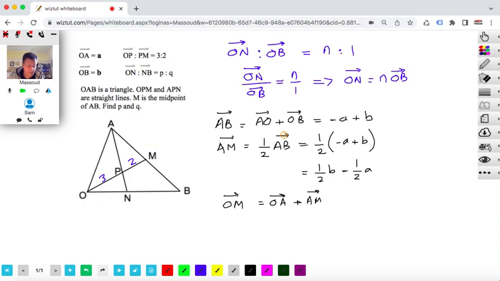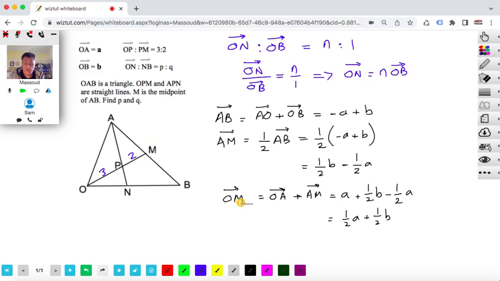OA is A, and AM is half of B minus half of A. When we simplify these two, A minus half A gives me just half A plus half of B.